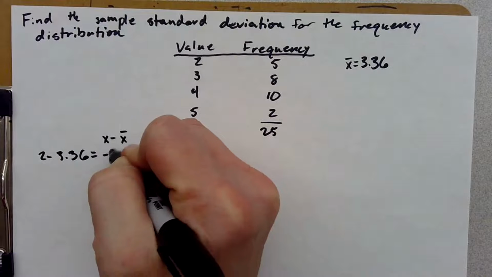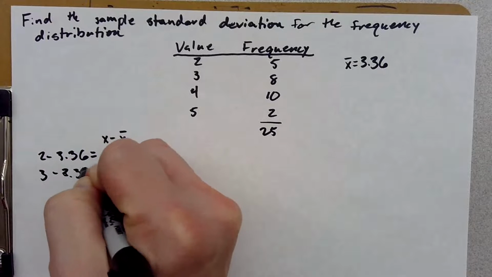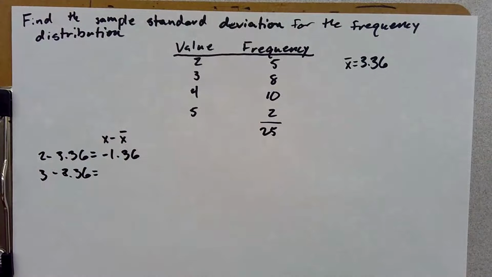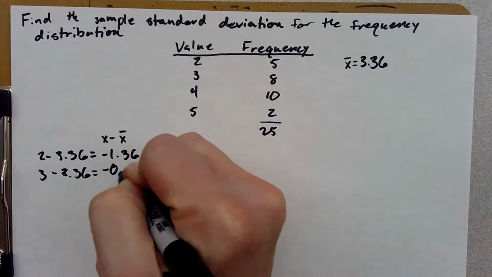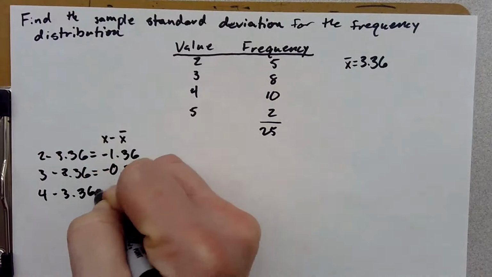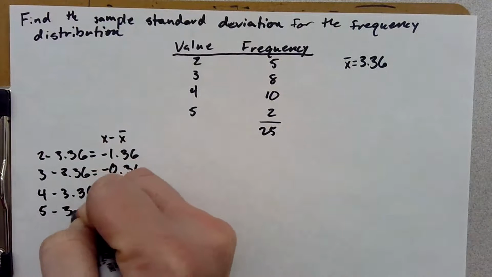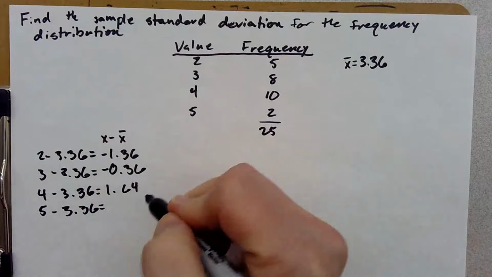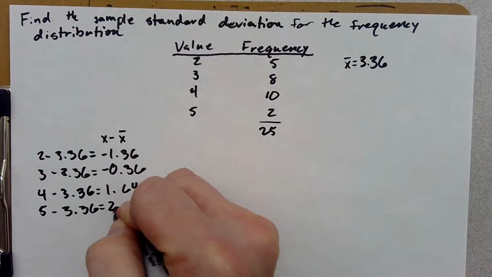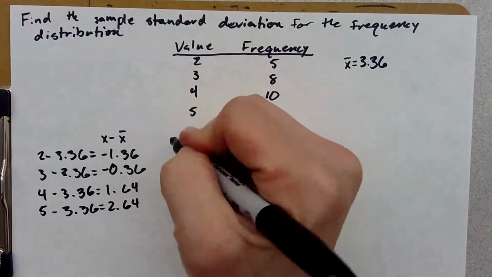That is negative 1.36. 3 minus 3.36 is going to be negative 0.36. 4 minus 3.36 gives us 0.64. 5 minus 3.36 gives us 1.64. Now, so those are our deviations.